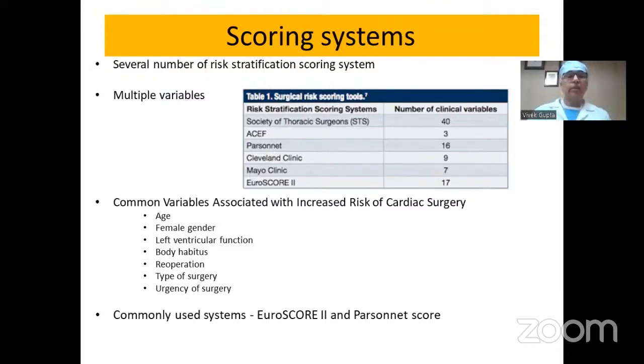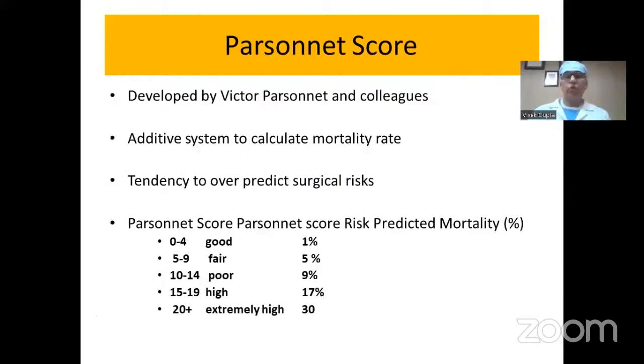They take various factors like age, female gender, cardiac functions, type of surgery, and how urgent the surgery is. The commonly used one now is EuroSCORE 2. However, certain hospitals use the Parsonnet score as well, which ranges from 0 to 4 scoring, where the risk of death is less than 1%, and if the score goes beyond 20, the chance of mortality is as high as 30%.